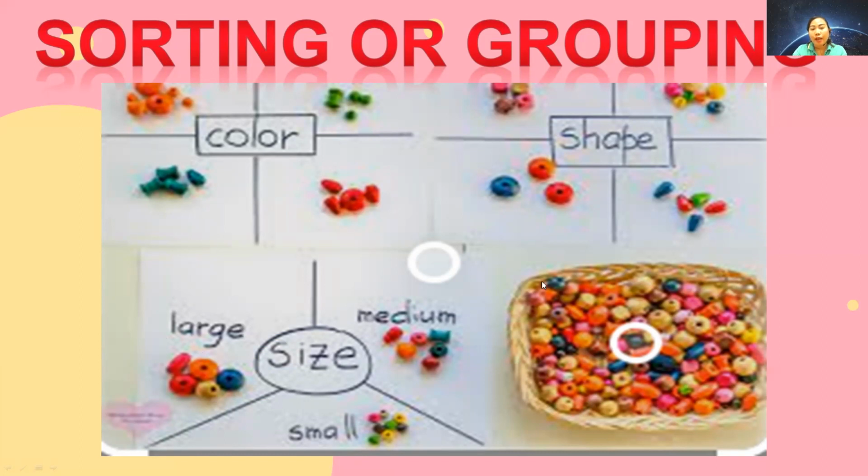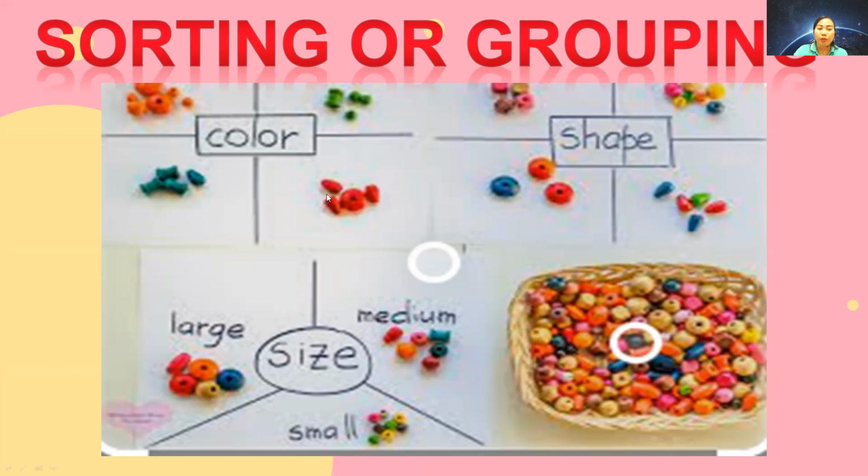Okay? And we can also sort things by shape or group the things that have the same shape, like the stars, the circles were grouped together. If you want to make a beautiful beads bracelet, you have to sort first or group first those objects that have the same shape.